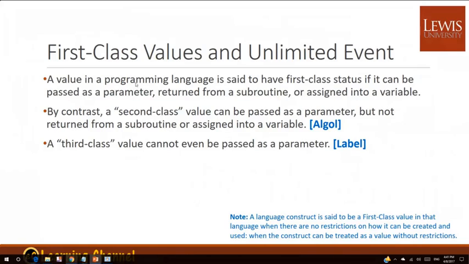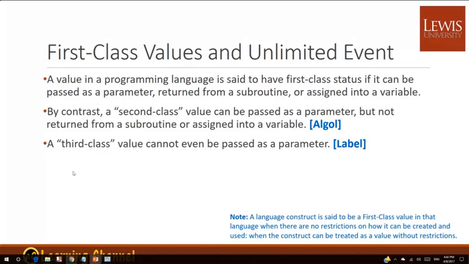A value in a programming language is said to have first-class status if it can be passed as a parameter, returned from a subroutine, or assigned to a variable. So basically, any value is called a first-class value if it can be used as a parameter, as a return value, or be assigned to a variable. If all of that can be done, then we call it a first-class value.